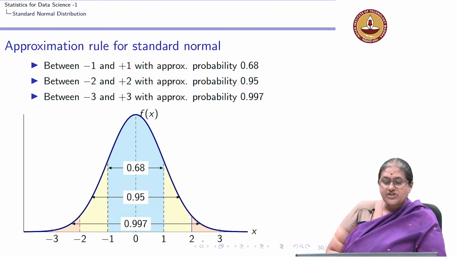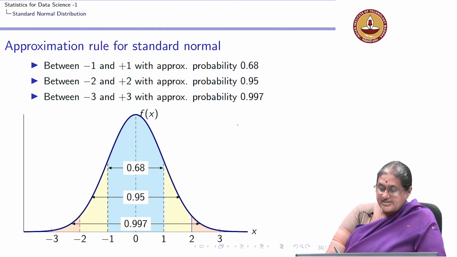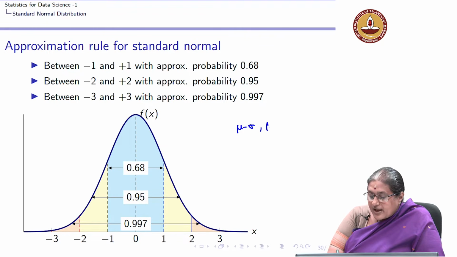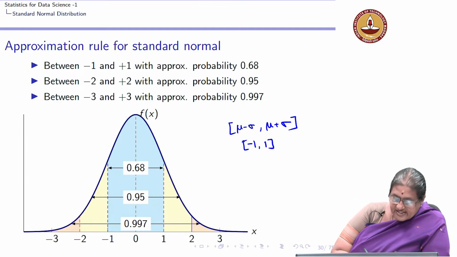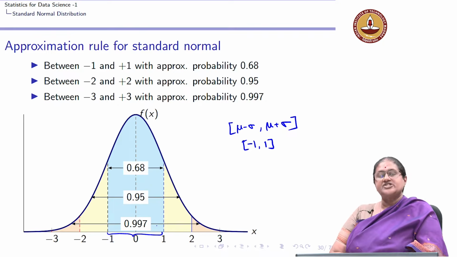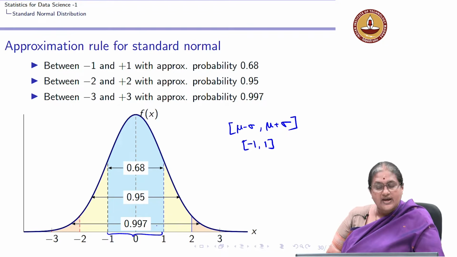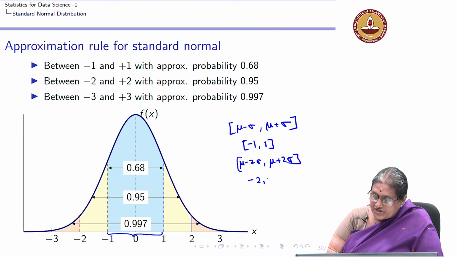So, the approximation rule for the standard normal is the same. Since mu minus sigma and mu plus sigma in the standard normal case is the interval between minus 1 and 1, I have 68% of standard normal observations which lie between minus 1 and 1. Mu minus 2 sigma to mu plus 2 sigma is going to be minus 2 to 2.